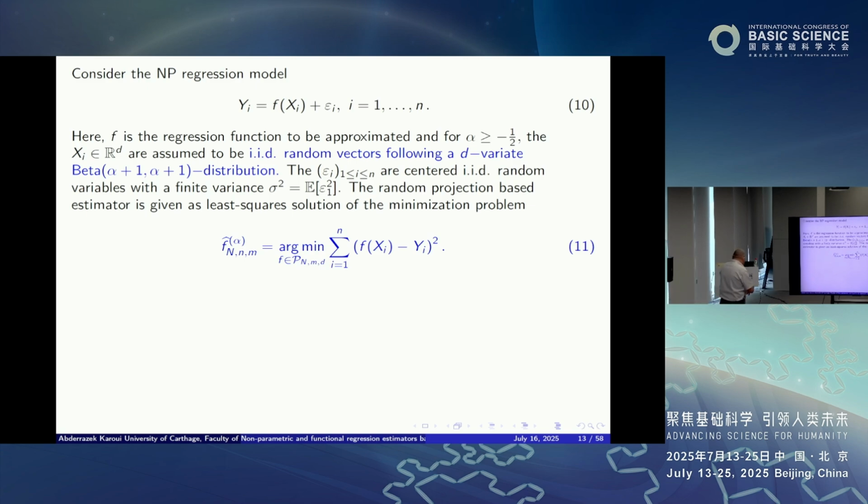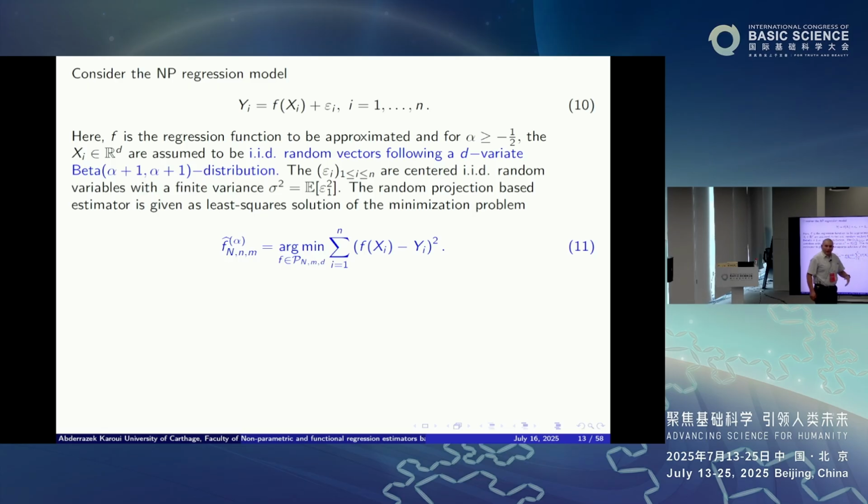Then we go back to our regression problem. We are going to find the solution of this minimization problem. If you see this, it's kind of strange. Do you know why? There is no penalization part.